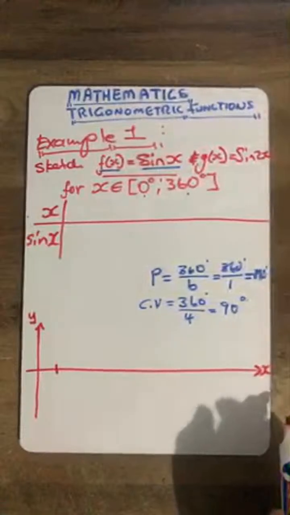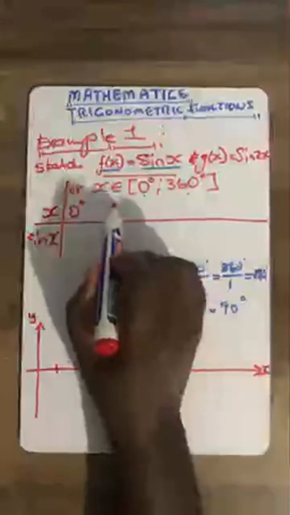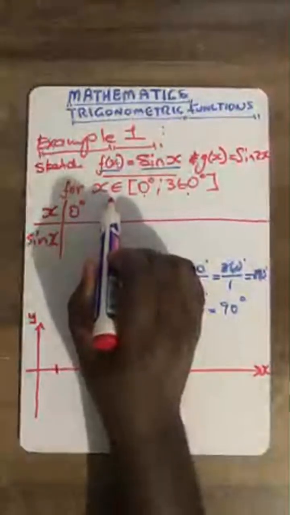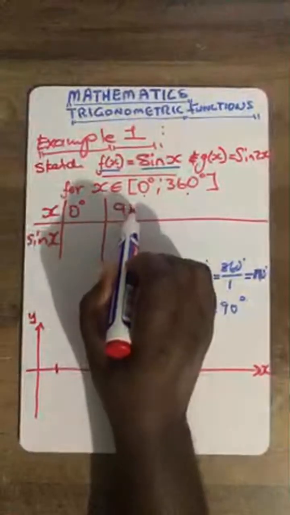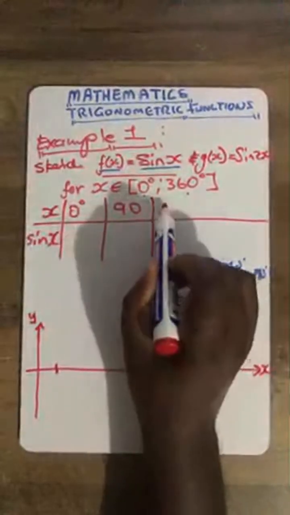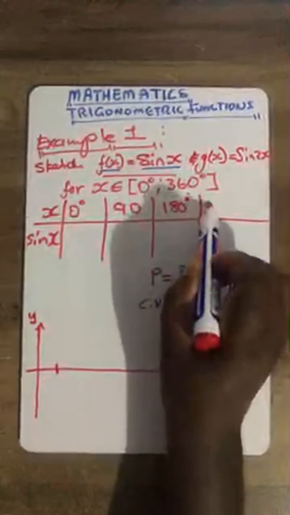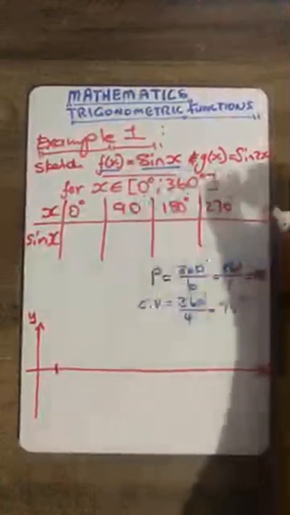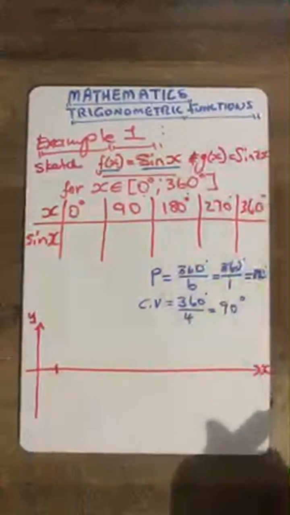So from 0 degrees, you are therefore going to space it at 90. After 90 is 180. After 180, you've got 270. After 270, you've got 360 degrees.